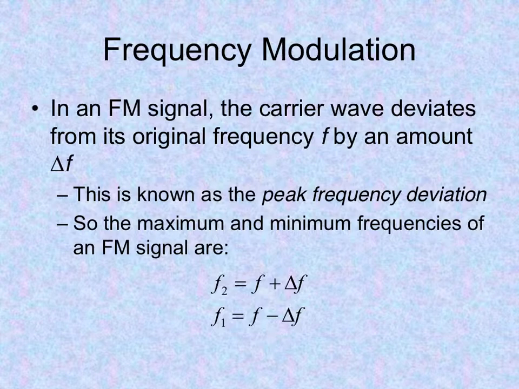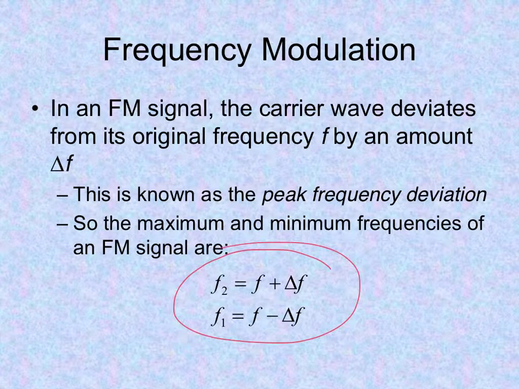With FM, we're going to have a range of frequencies because of the change in frequency caused by the signal wave. And that range of frequencies is given by these two expressions down here, where our frequencies are simply the original frequency, the carrier wave frequency, plus and minus that peak frequency deviation.